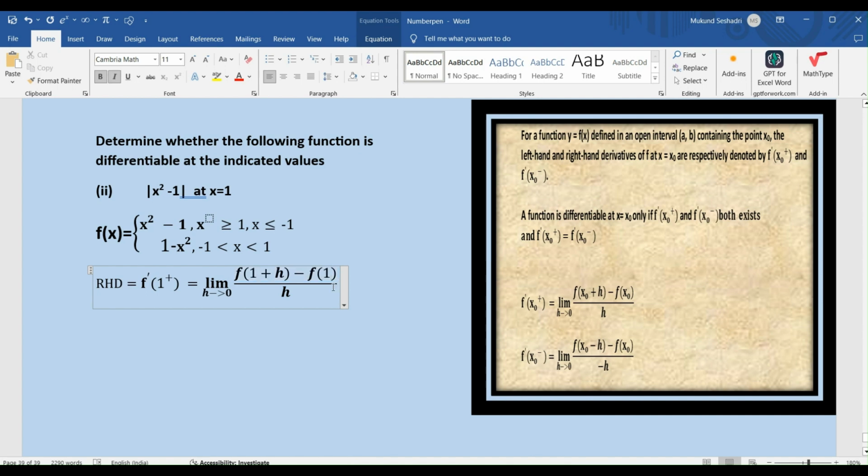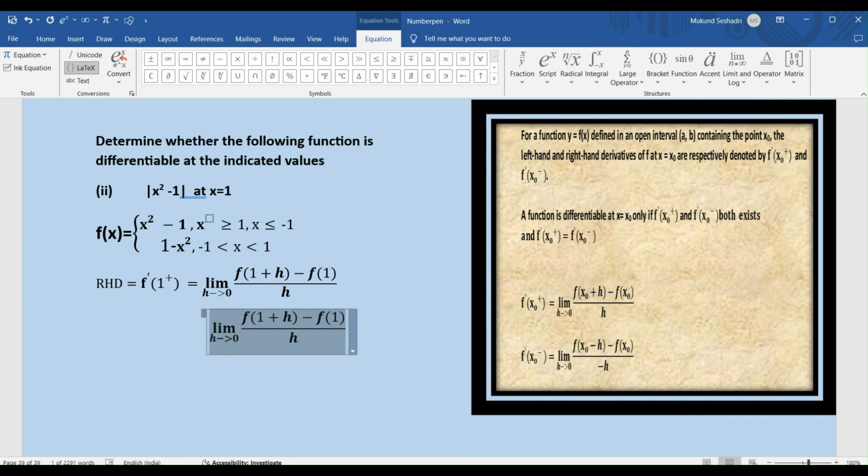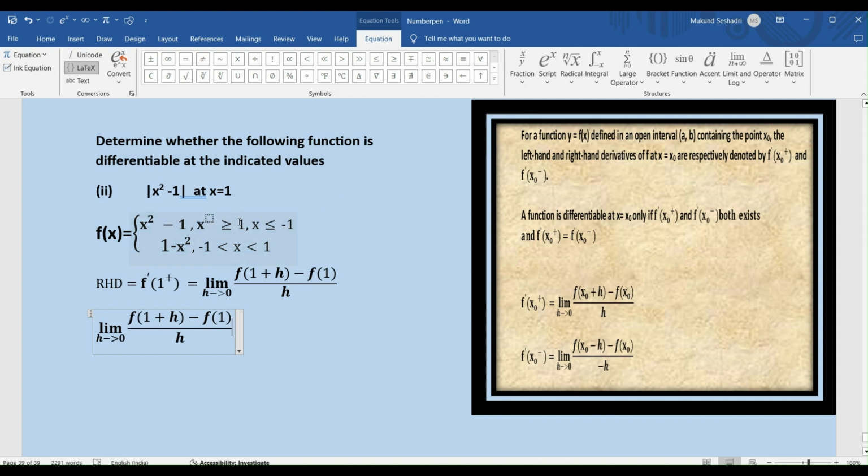So next we have our f of 1 plus h, right? And what is our f of 1 plus h? F of 1 plus h is when my x takes a value which is slightly greater than 1 by an infinitesimal h, right? So which function do I have to pick up? I will have to pick up the function when x is greater than or equal to 1, right?